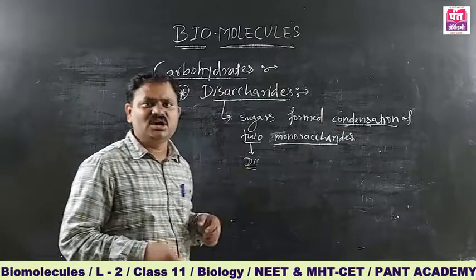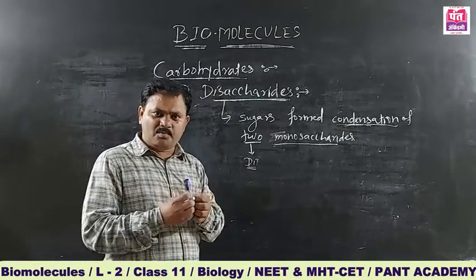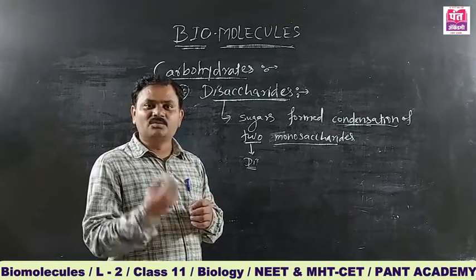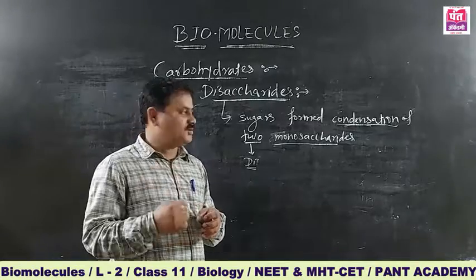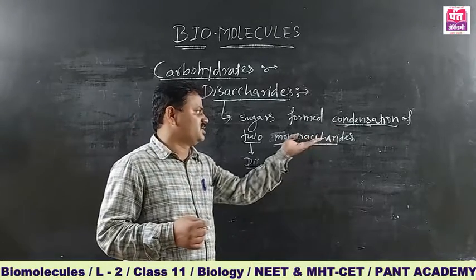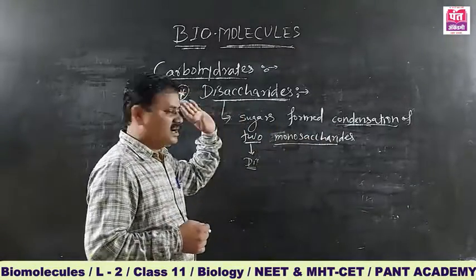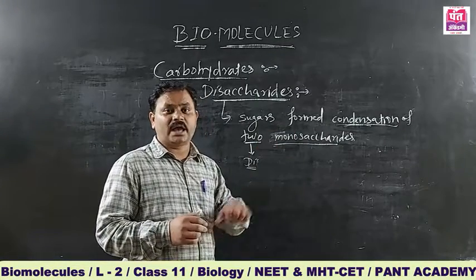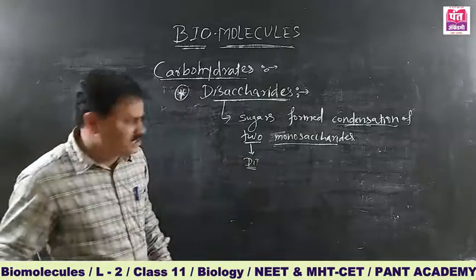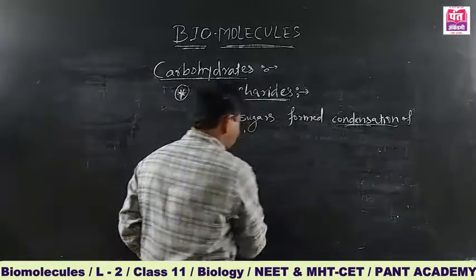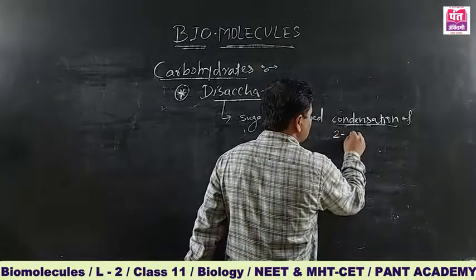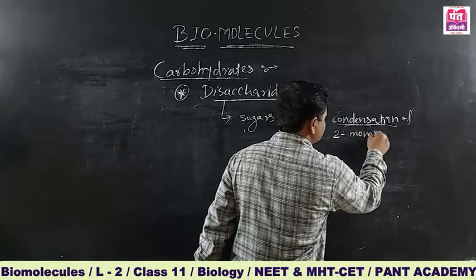So condensation is the formation of a bond between two different ends of molecules by removal of a water molecule, and that process is used for the formation of a disaccharide. First we will see how this condensation occurs in two monosaccharides.